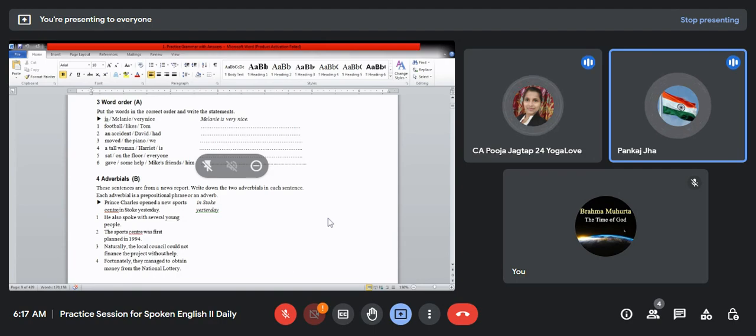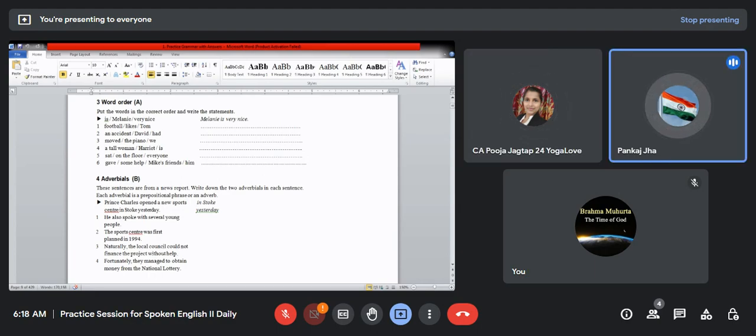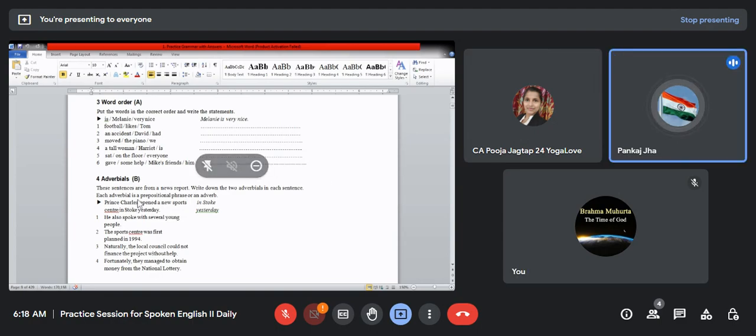Tomorrow we will ask Surendra sir to give us more details about adverbials. Because we know adverb, but here it says adverbials in each sentence. Each adverbial is a prepositional phrase or an adverb.